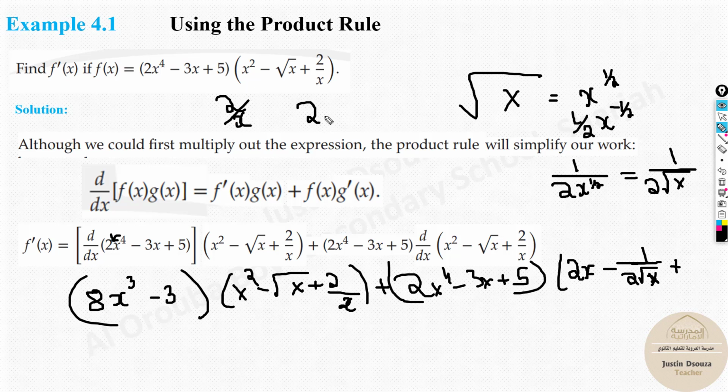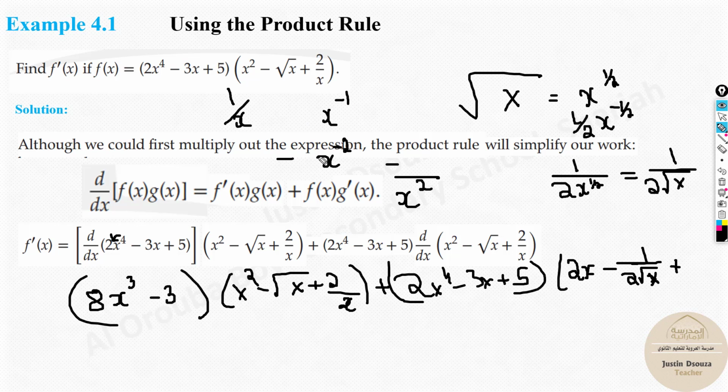Now what about this 2 by x? Bring this x up, it will be 2x to the power minus 1, right? Now derive this. Minus comes down, it will be minus 2x to the power minus 2. So here it will be negative 2 divided by x squared. Always remember, imagine this was 1. It would be 1 by x, that will be x power minus 1.